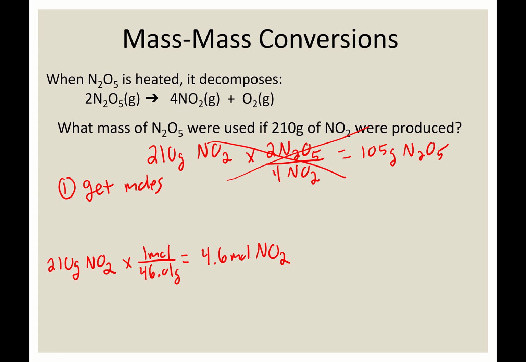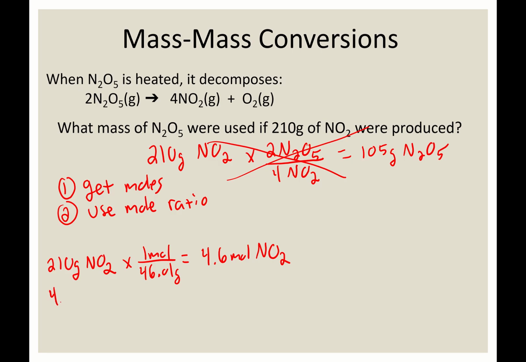Now that we have our moles, we're okay to use the mole ratio. That's essentially our second step, to use the mole ratio. With this mole ratio, we can then convert from moles of one substance into moles of another. So in this case, we want to know how much N2O5 was used in order to produce these 4.6 moles of NO2. So now we're going to use our mole ratio.